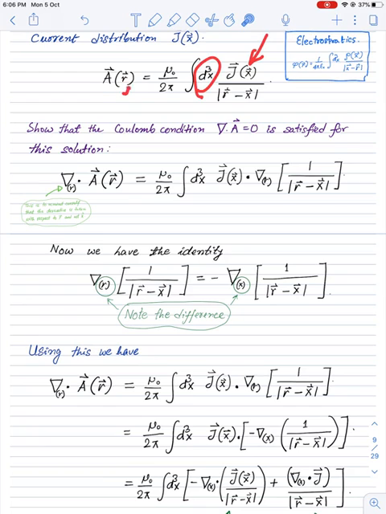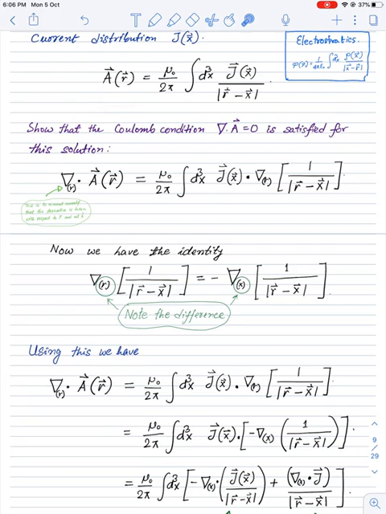The source location is integrated over, whereas the location where you want to find the potential or the electric and magnetic field remains as a parameter in this integral. Okay, so that is the usual thing.